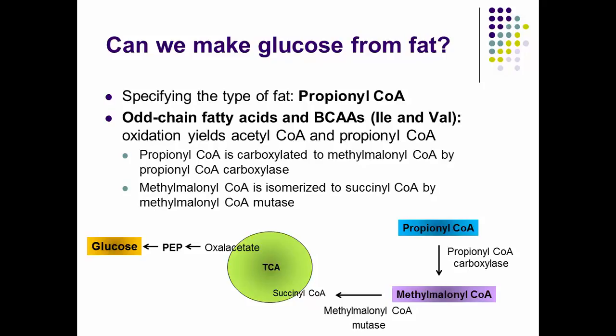Acetyl-CoA has two carbons. The molecules are very similar, but propionyl-CoA has one more carbon. That's why propionyl-CoA can be utilized to make glucose, but acetyl-CoA cannot, right? Remember.